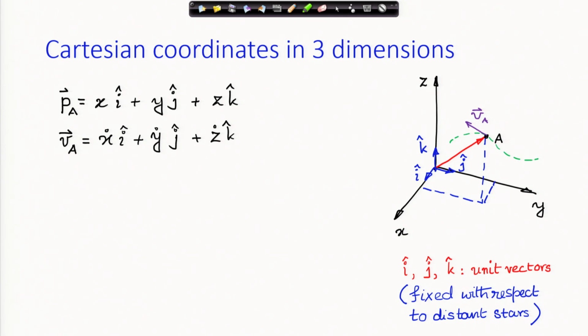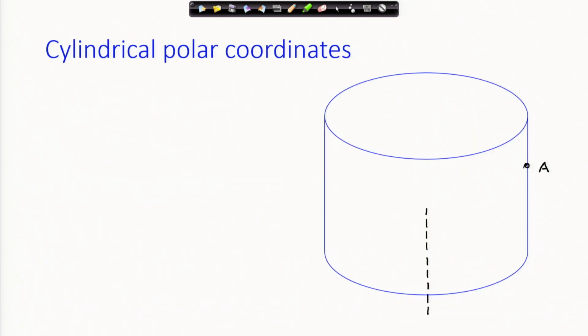There is no derivative of the frame vectors because they are fixed with respect to distant stars, so they do not change direction or rotate, and the derivatives vanish. Similarly for acceleration, I differentiate the velocity expression once again. This is straightforward.